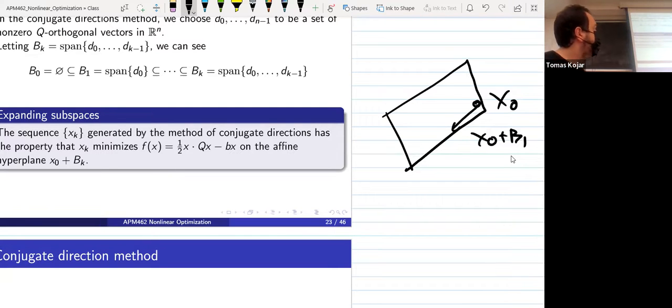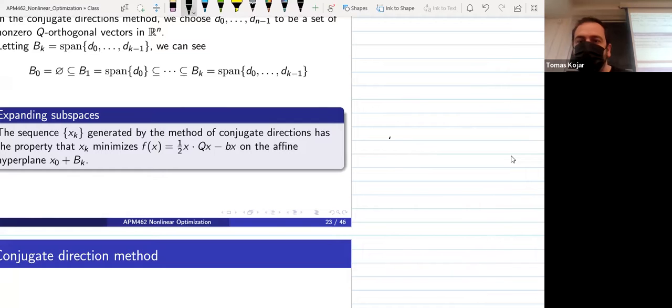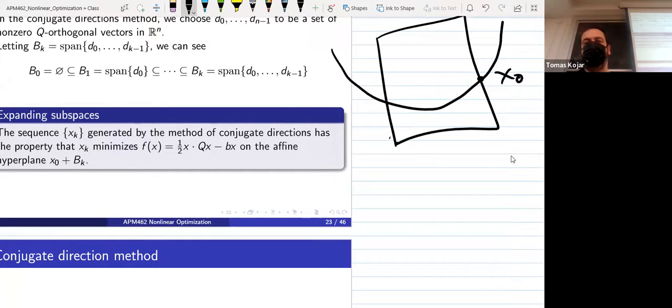You're trying to find the next step, because again, you don't want to sit down and find the d directions. So there's an easier way. Let me draw it like this, and let me take a slice like that. And then put x0 over here. You're supposed to think about this as 3D.